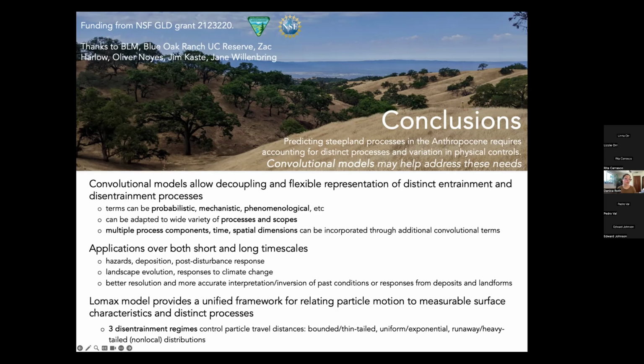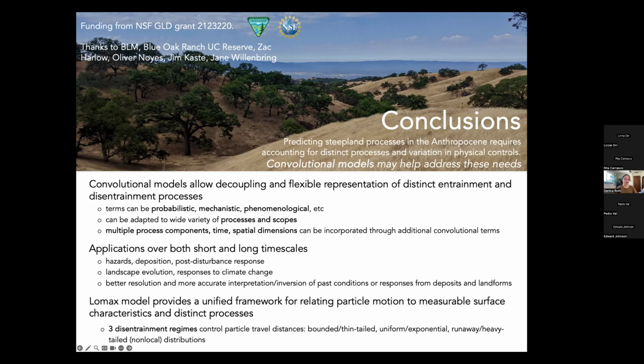So those terms for entrainment or disentrainment or travel distances, we could use a probabilistic term, as I've done here. You could also put in physics and use a mechanistic term or phenomenological terms. So it can be adapted to different transport processes and scopes. And you could also include multiple process components or time or spatial dimensions to expand this model across additional convolutional terms. So very flexible.